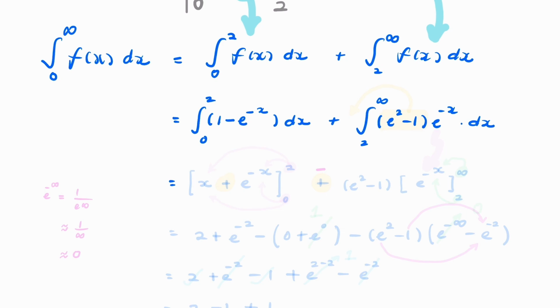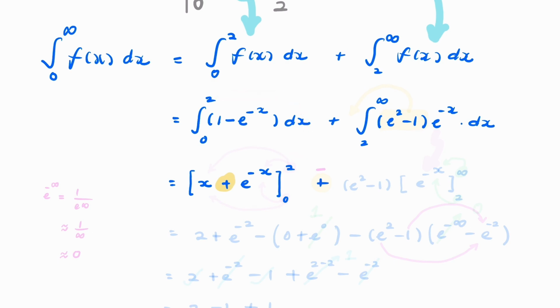So the integral of 1 is simply x, and the integral of e to the minus x is e to the minus x divided by minus 1. So that would change this negative sign to a positive. And then you have your limits of integration from 0 to 2.